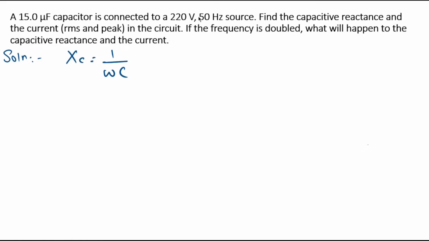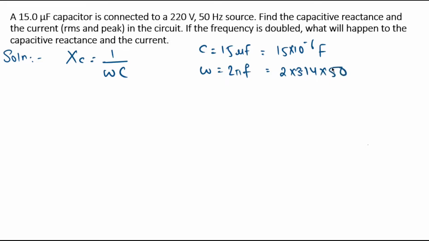We know the value of C, which is given to us as 15 microfarad, which can be written as 15 into 10 raised to minus 6 farad, and omega is 2 pi f. So omega can be written as 2 into 3.14 into f, and f is 50 hertz. So 2 into 50 is 100, and 100 into 3.14 is 314 radian per second.